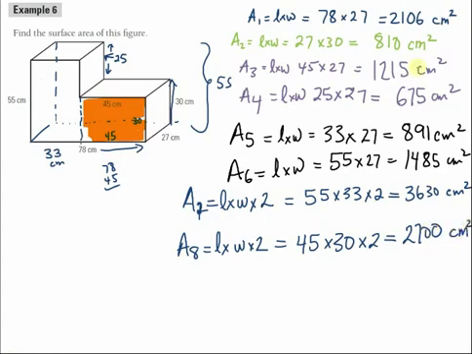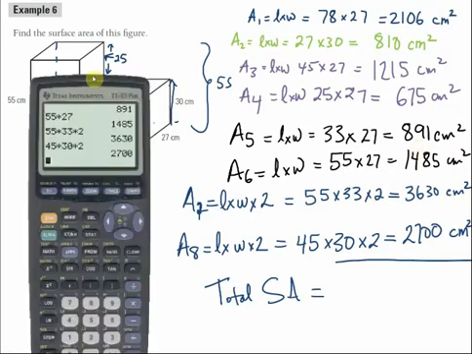And all that so that we can add up all the numbers in this section to find the total surface area. We had to add up all our centimeters squared for all those rectangles, and I'll do it in the calculator over here.